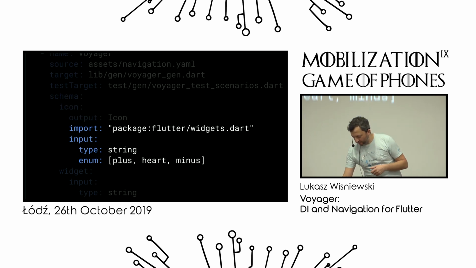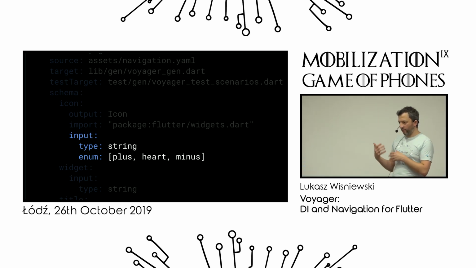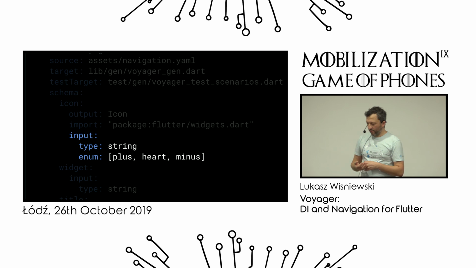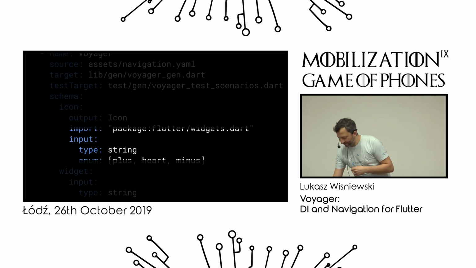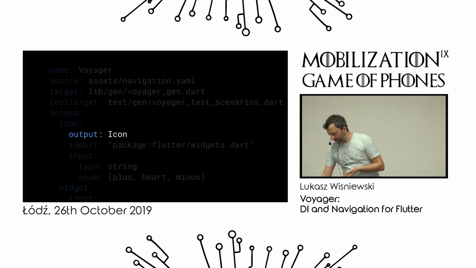Let's start with an icon. We say what type the input is. We use JSON draft v7 schema in the shape of YML. And then we say what it is on the Dart side, meaning it's an icon type, and where it's coming from.